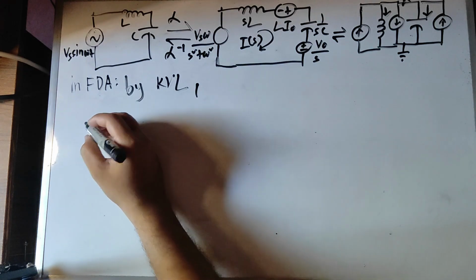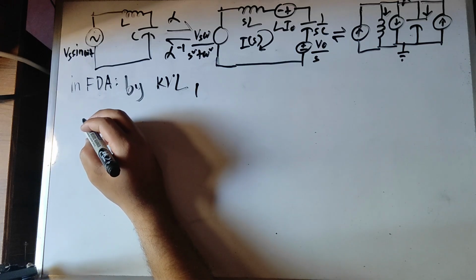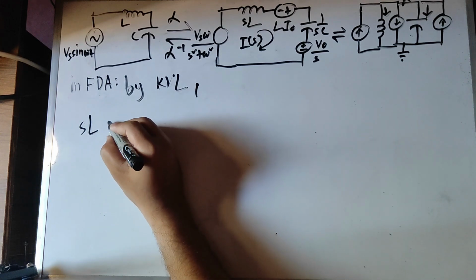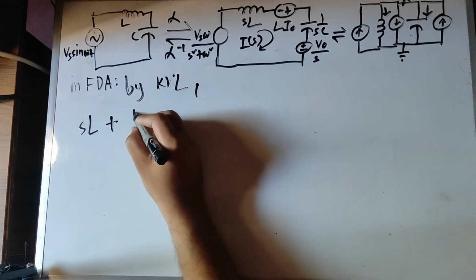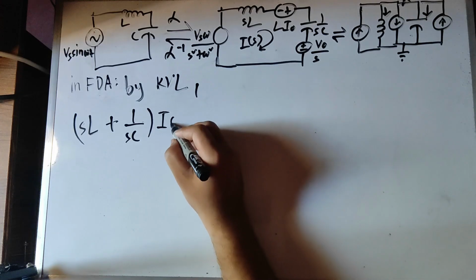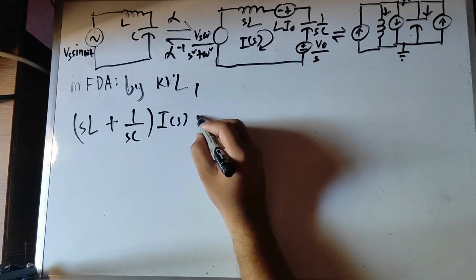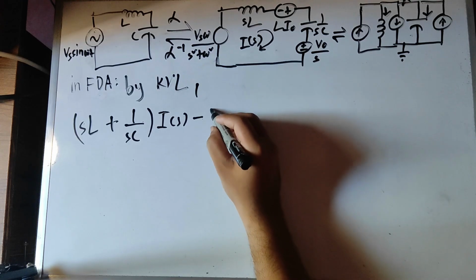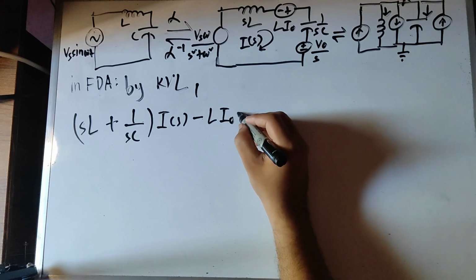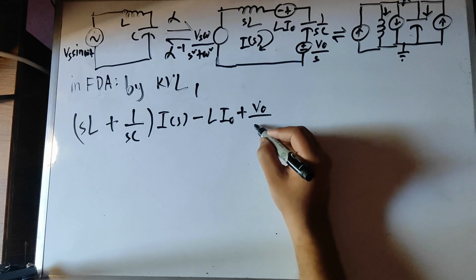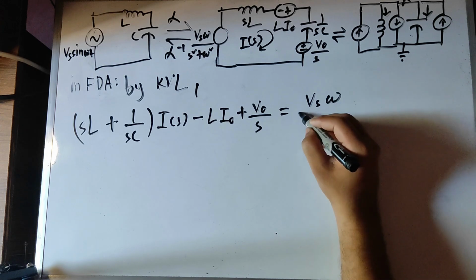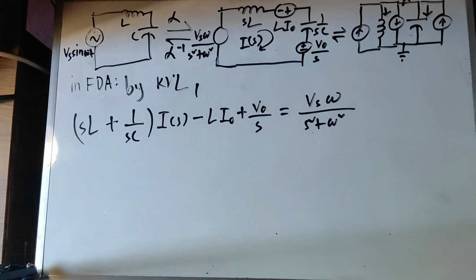So by KVL we're gonna get an algebraic equation: (SL + 1/SC) IS - L IO + VO/S = Vs omega / (S square + omega square).